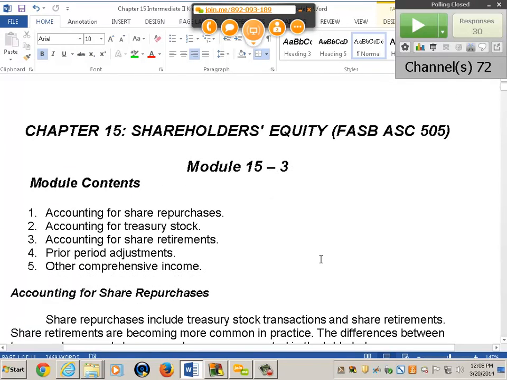Okay. All right, so in the last module, last topic, we're going to look at share repurchases. And when we look at share repurchases, what I want to be clear, and sometimes this gets confusing, and it shouldn't, is that share repurchases can take several forms.